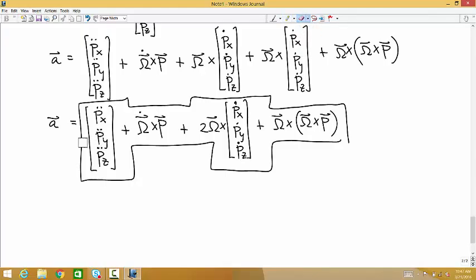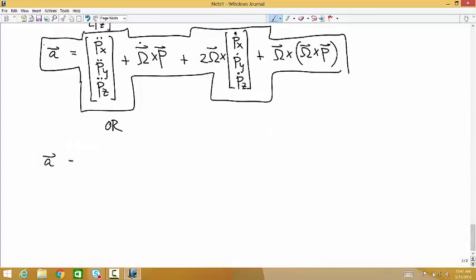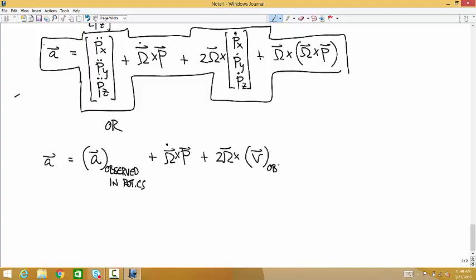Or another way to say that is that the acceleration is equal to, this term is the acceleration that's observed in that rotating coordinate system, plus omega dot cross p, plus 2 times omega crossed with the velocity that's observed in the rotating coordinate system, plus omega cross quantity omega cross p.